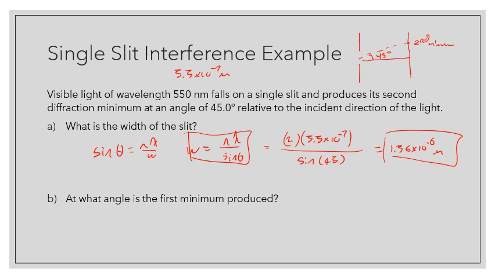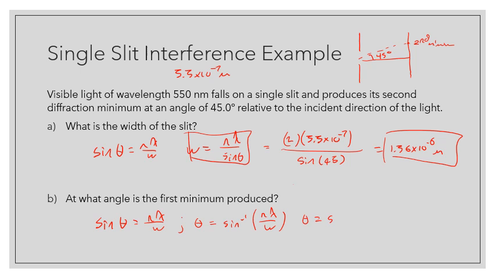And now we have the question, at what angle is the first minimum produced? For this, we use the same equation, sine theta is equal to n lambda over w. Therefore, theta is equal to sine inverse of n times lambda over w.